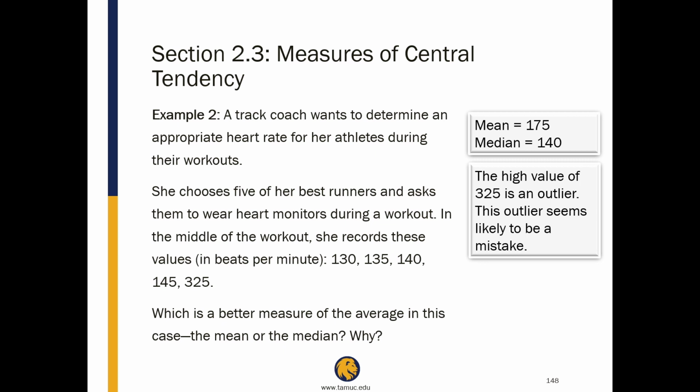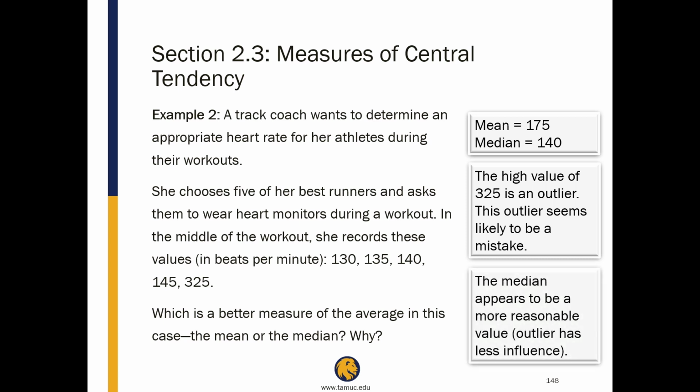This is an outlier, which probably was a mistake when writing down the numbers, perhaps. We would hope so. So if we just took the numbers on face value, the median of 140 appears to be a more reasonable value with less influence of the outlier to tell us overall the general idea of what most of the numbers look like.